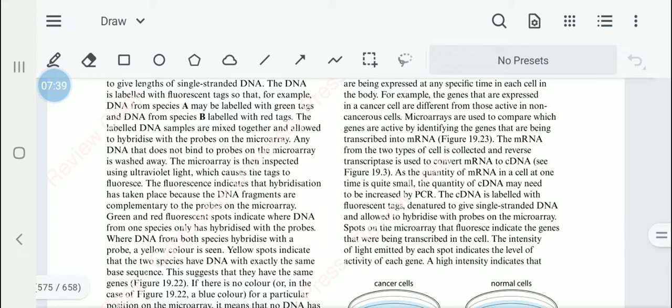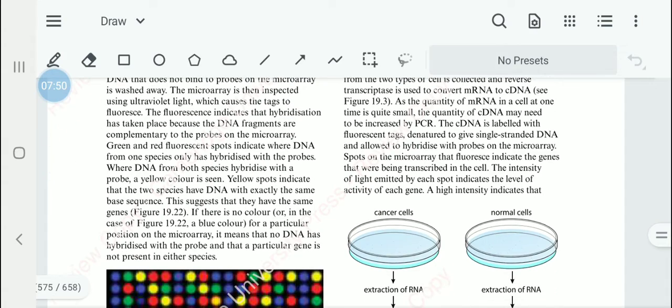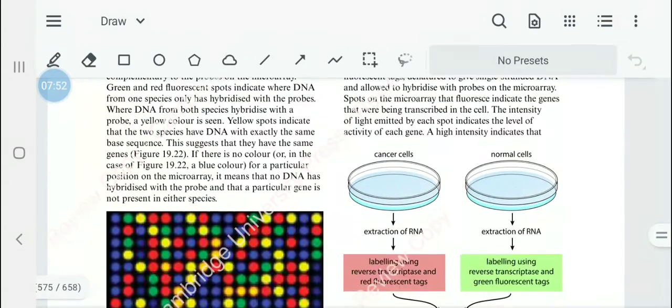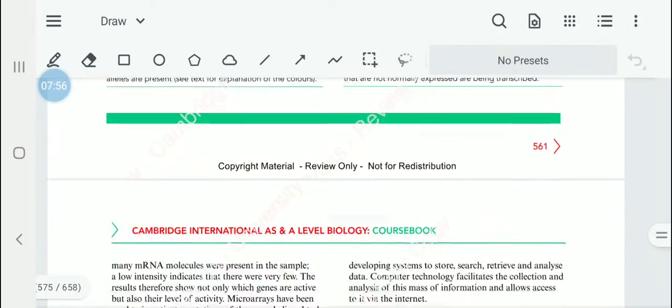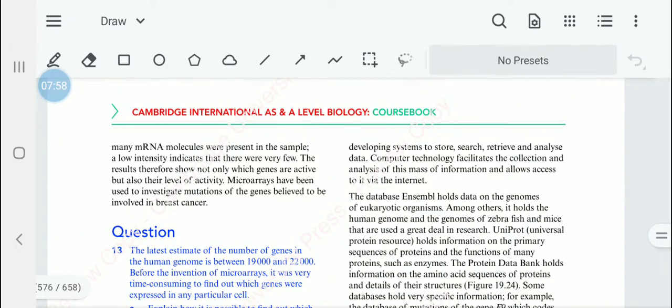So the spots on the microarray with fluorescence would show that the genes are transcribed in the cell. The intensity of light emitted by each spot would indicate the level of activity of each gene. If there is a high intensity, that would indicate that many mRNA molecules are present in the sample. Low intensity would indicate that there were few.